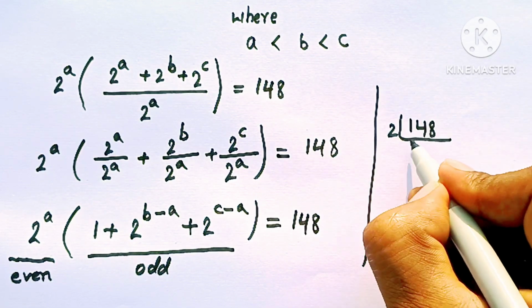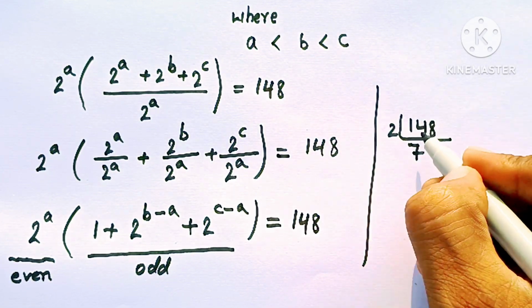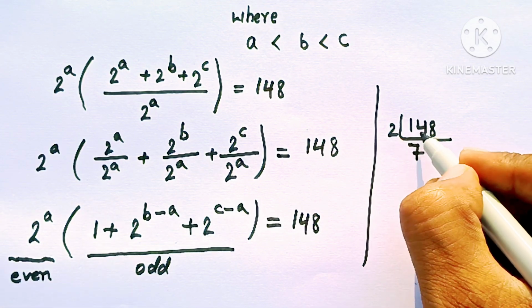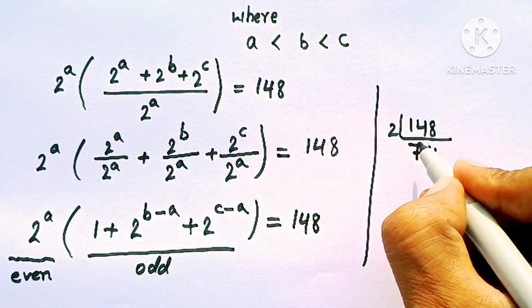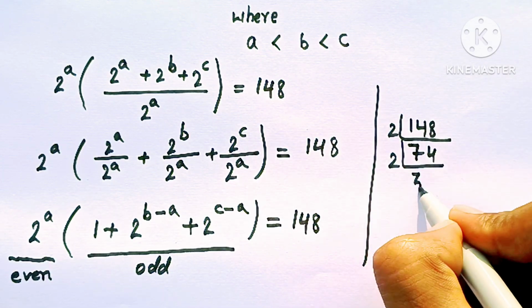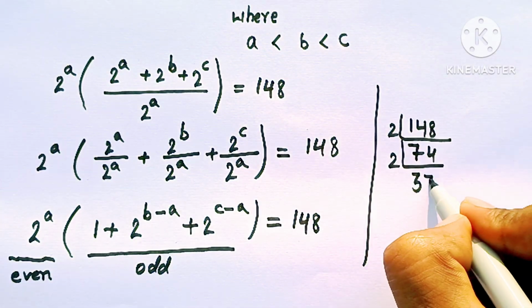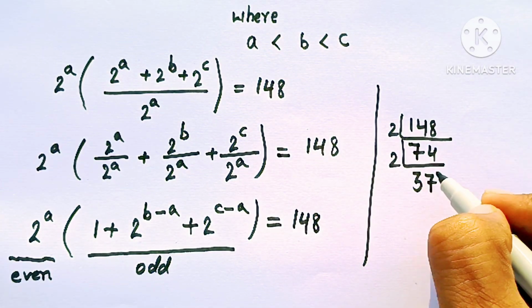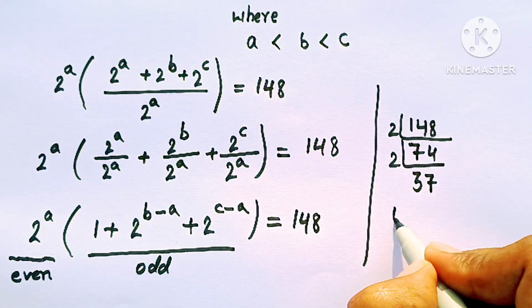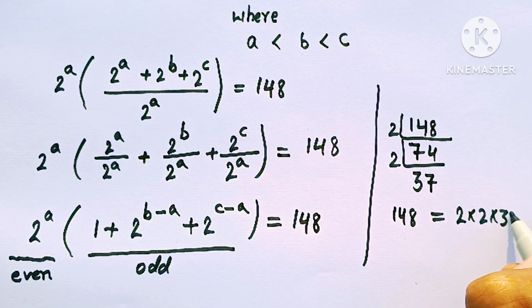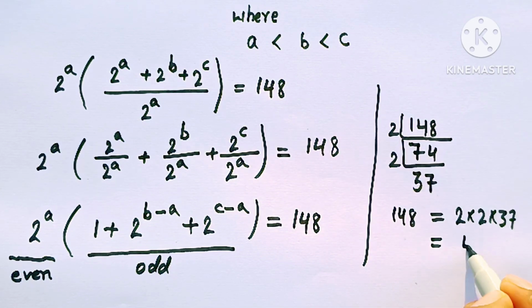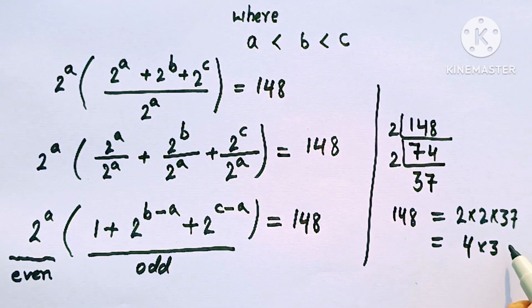Here I am dividing 148 by 2, so I will be having 74, and then 2 37s are 74. So we have 148 as the factors 2 multiplied by 2 and 37. So I can write it in even and odd format as 4 into 37.